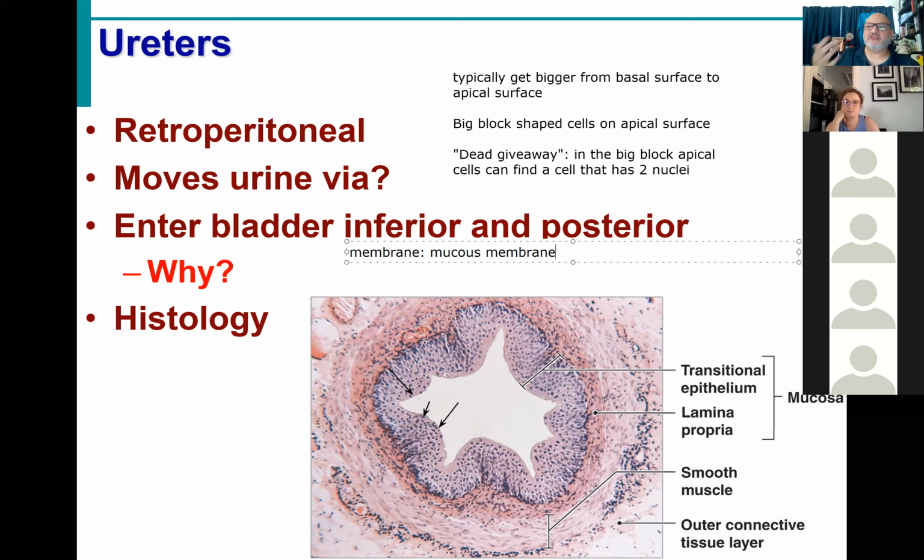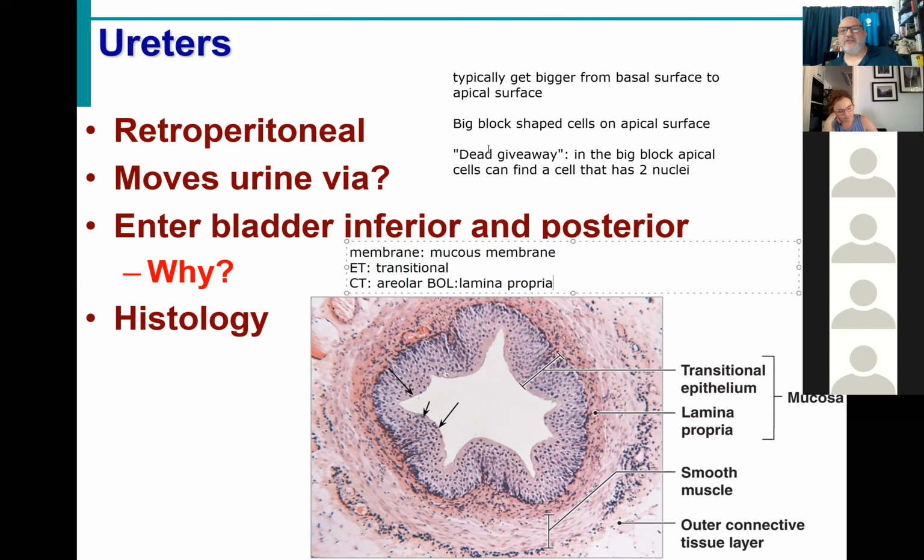Remember, mucous membranes are the ones that are open to the outside world, which of course tells us that while we have that transitional epithelial tissue on top, we also know all mucous membranes have what type of connective tissue that helps to form that membrane? Areolar connective tissue. There we go. And what do we call it based on its location? Lamina propria. There we go.